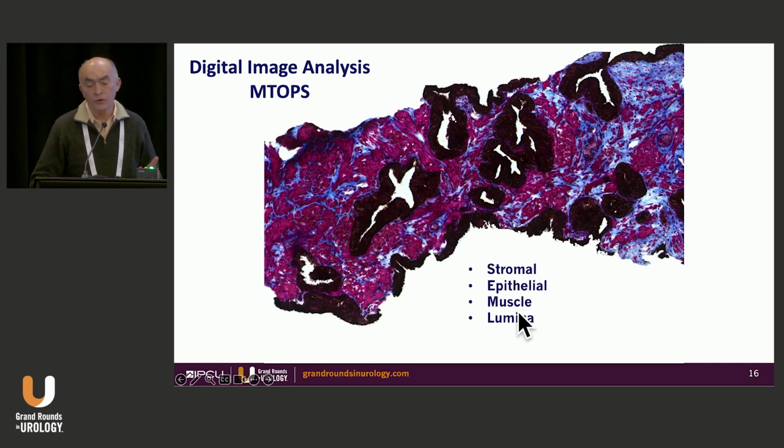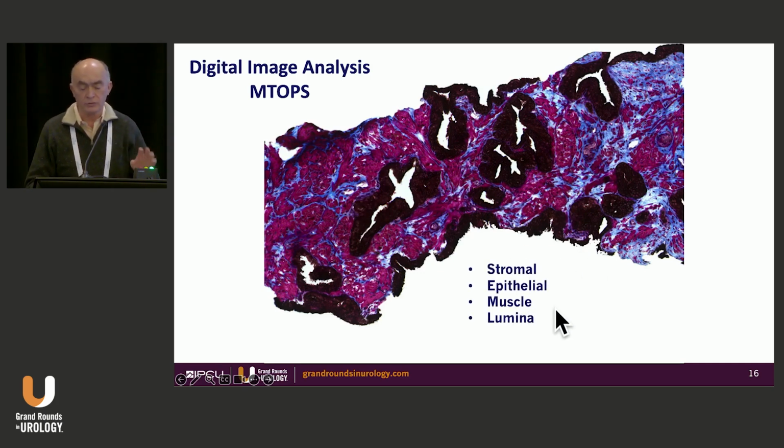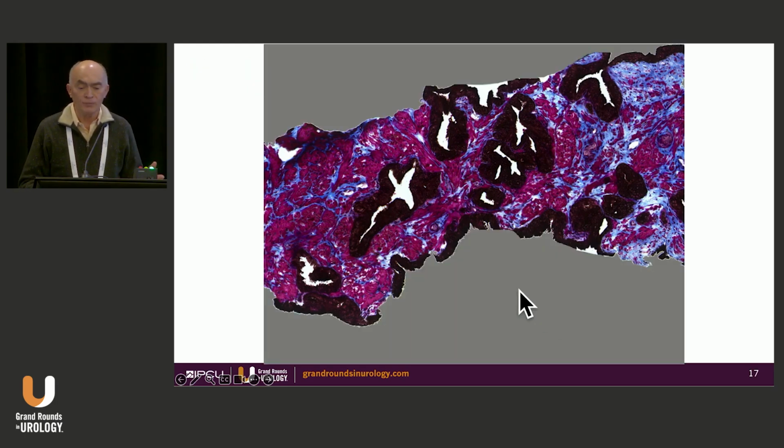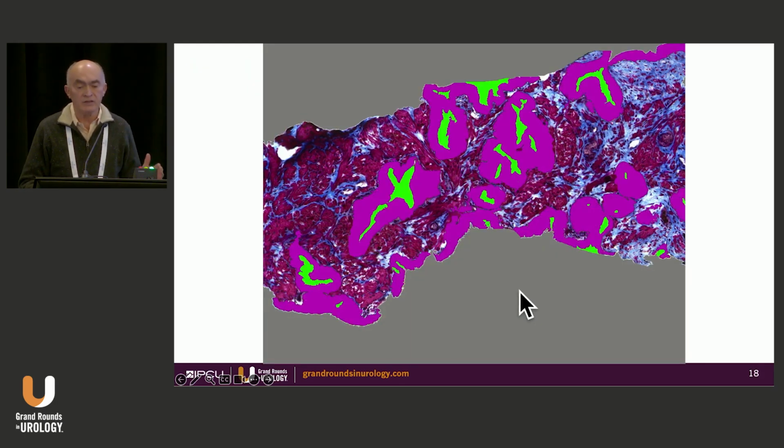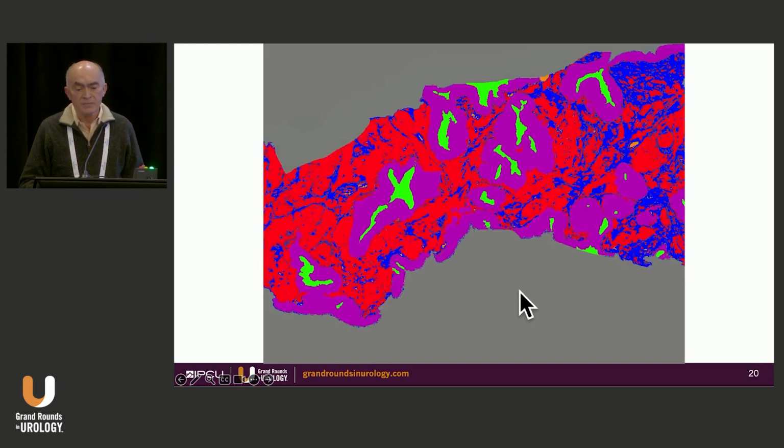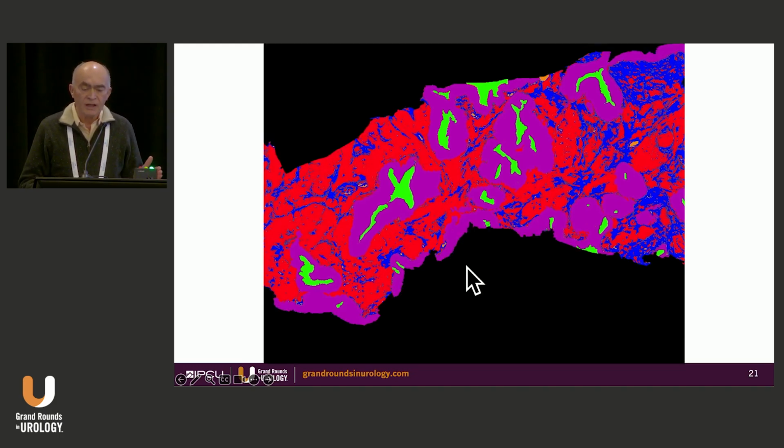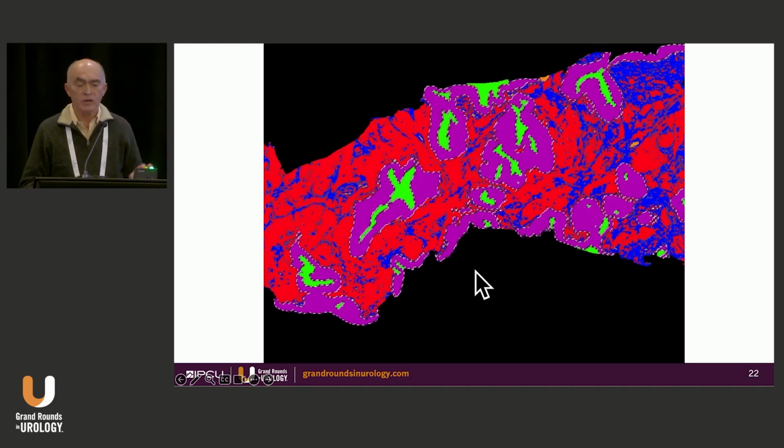So these are the 4 sections that we are going to identify. Basically using Photoshop, we were able to identify the different areas and do this nice kind of staining of the different sections, and then we are able to select the colors.